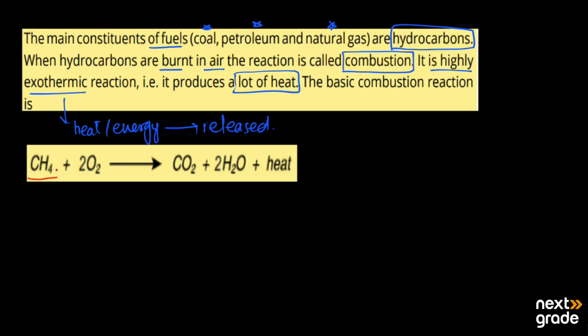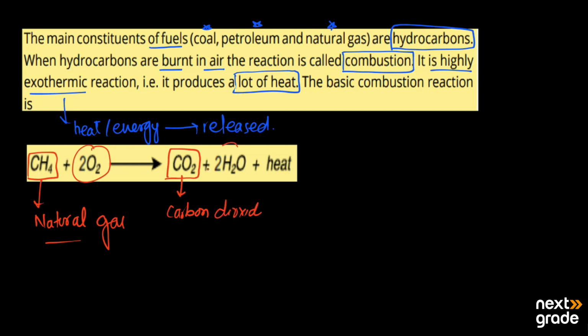Let's have a simple reaction for the combustion. Here we have methane, which is also known as natural gas. When it burns in excess oxygen, the product we get is carbon dioxide, CO2, along with water, and heat is evolved.